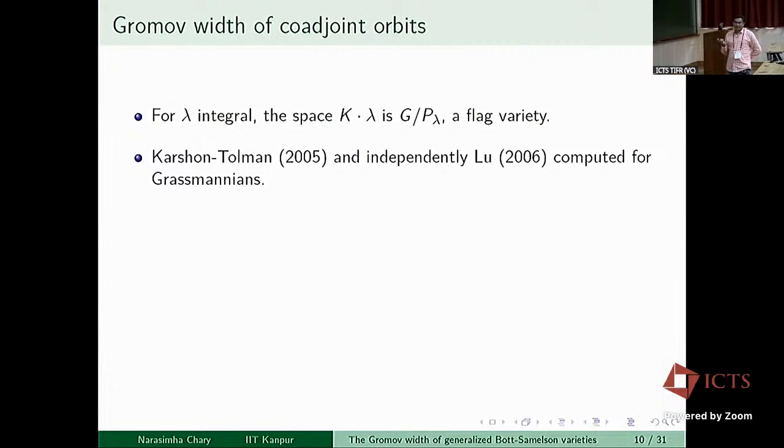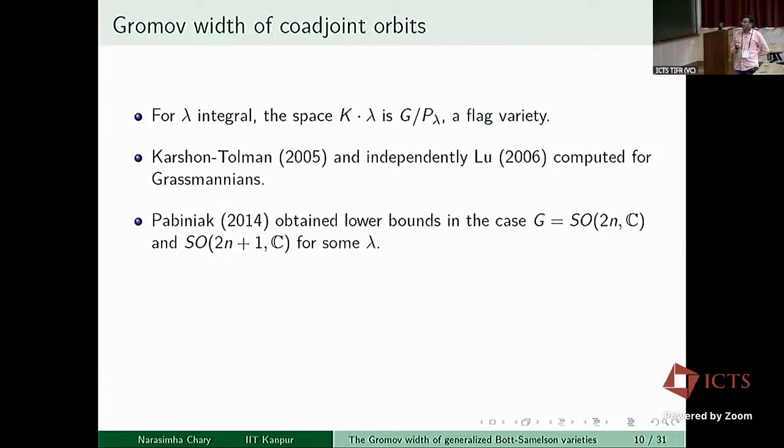Thorsen and Tillerman and Liu independently computed explicitly the Gromov width of Grassmannians, and of some other types. This is type A, or Grassmannians. Pabiniak and Pabiniak obtained it for type D and type B, but under some conditions on lambda: they assume that lambda is regular under some conditions.